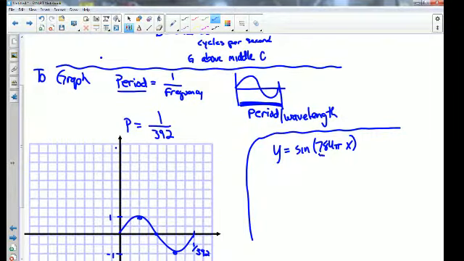This is the value that your book calls K, just some arbitrary letter that can change. The period is 2 pi over K.